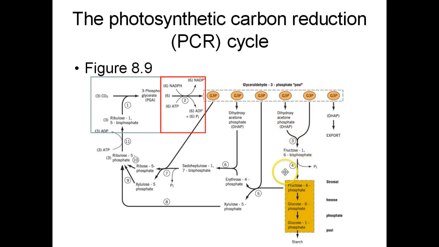And also, we'll talk more about this a little bit later, but every turn of the cycle, we're adding one CO2. So after 3 turns of the cycle, we have 3 new CO2s. We have one 3-carbon compound. And as it turns more and more, we start building up more and more carbon.